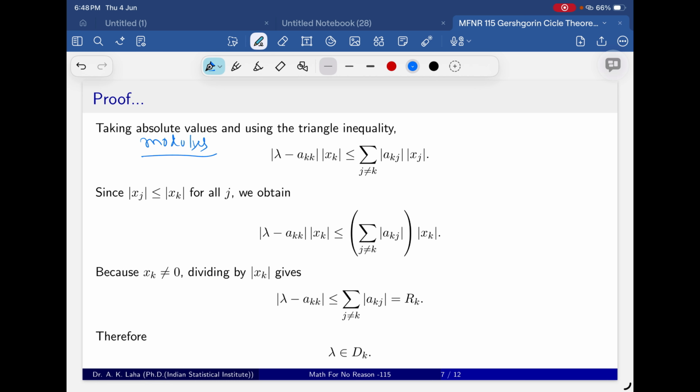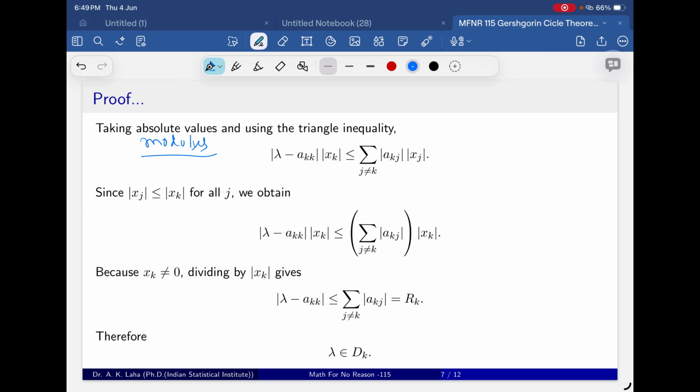Now, since the modulus of xj is less than or equal to the modulus of xk, because we had chosen k in such a manner that xk had the largest modulus, we replace this mod xj with mod xk, and the inequality remains, because we are replacing the right hand side with a larger positive value.